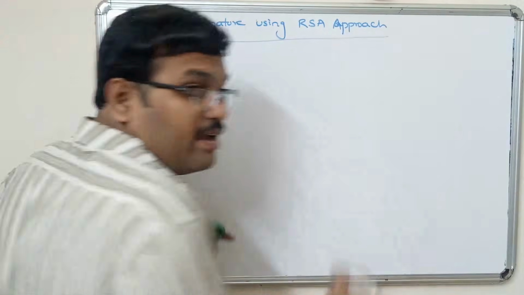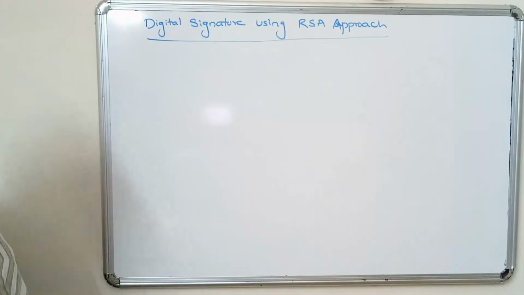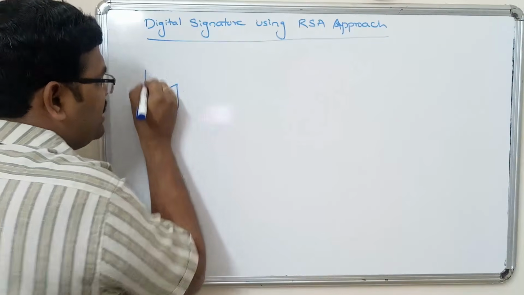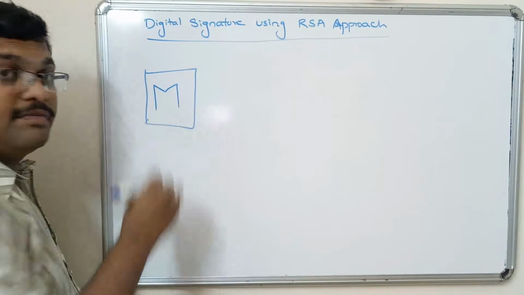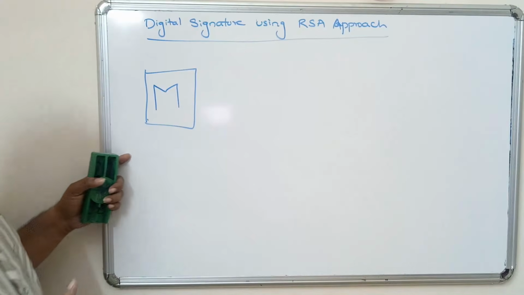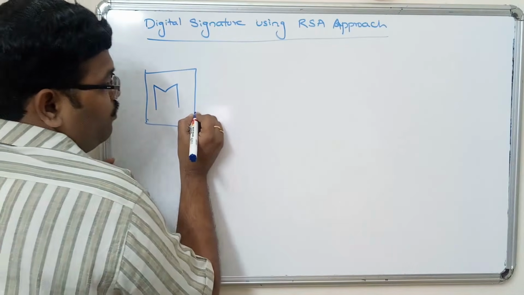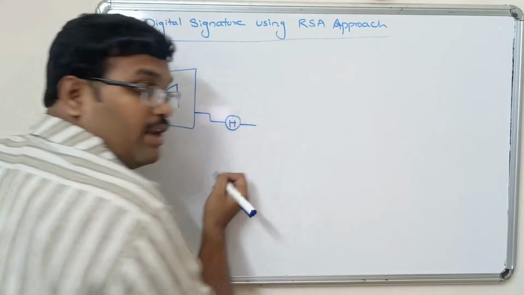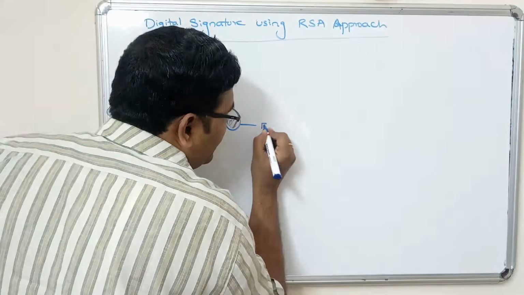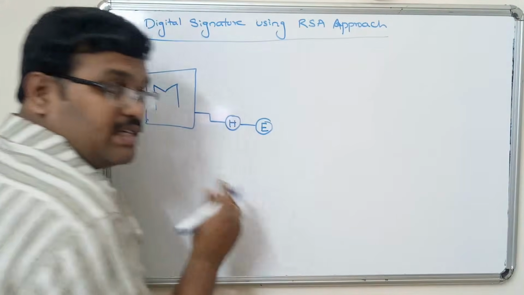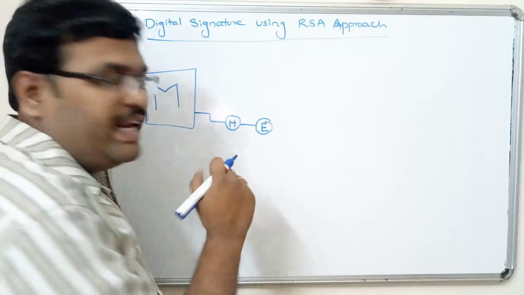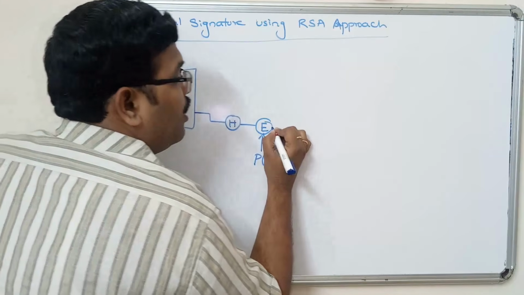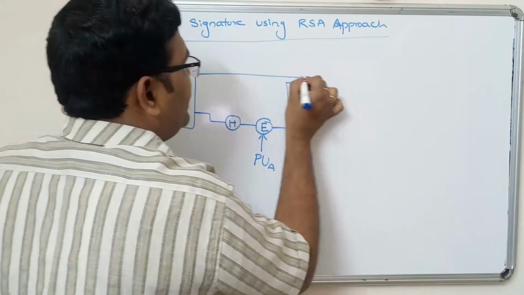Consider the plain text message, which is applied to the hash function so that we get some hash code, and apply the encryption. That means that particular hash code will be encrypted using the public key of A, which is appended with this plain text message.